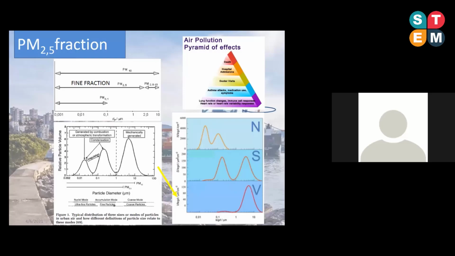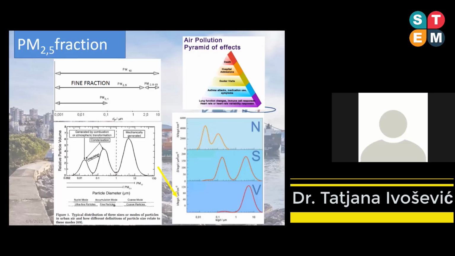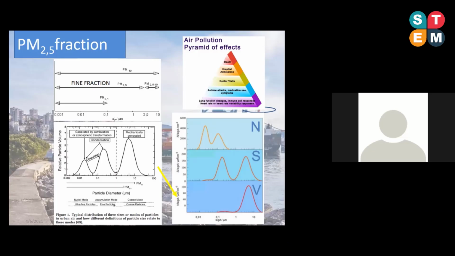We can see that volume distribution of PM10 is higher than for PM2.5, but the number distribution is higher for PM2.5. Fine particles, even if present in the atmosphere at very low mass concentration, are involved in the observed pathologies because of their large number per unit volume and their extremely high surface to volume ratio.